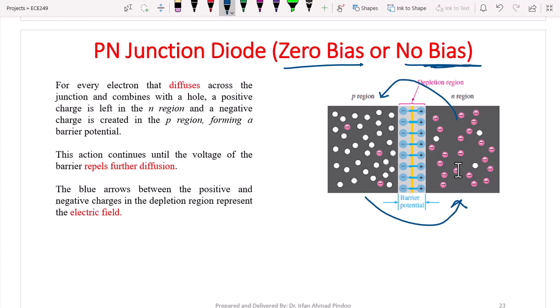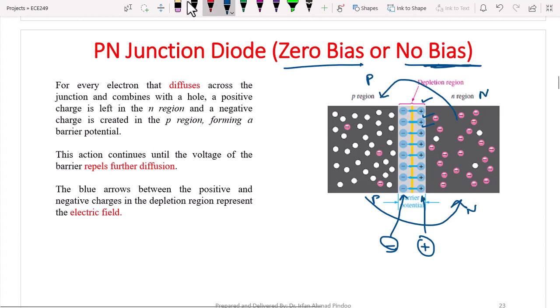Because when these electrons are moving from n to p, they are leaving behind a positive immobile ionic charge, shown with this plus in blue color. In the same way, when the holes are moving from p to n, they are leaving behind a negative immobile ionic charge, which is shown here.